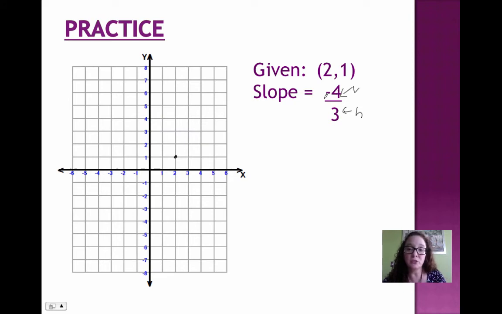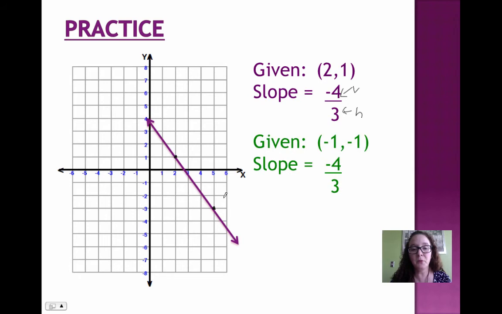So which direction are we going? That's right, we're going down. So down negative 4, so 1, 2, 3, 4. But then we're still going to the right because it's positive 3. 1, 2, 3. And there is our second point, and here is our line.